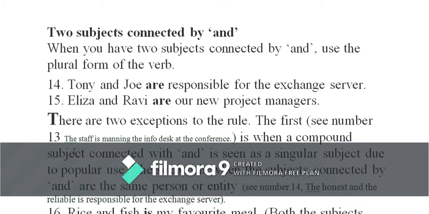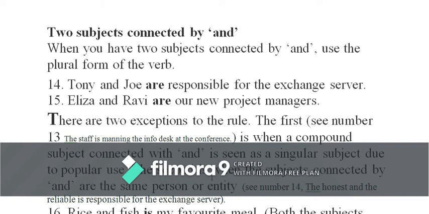The staff is manning the info desk at the conference. Now let us see the explanation. The first is when a compound subject connected with and is seen as a singular subject due to popular use. Yes, I replaced it with the word staff. So I got the verb is in agreement with it.